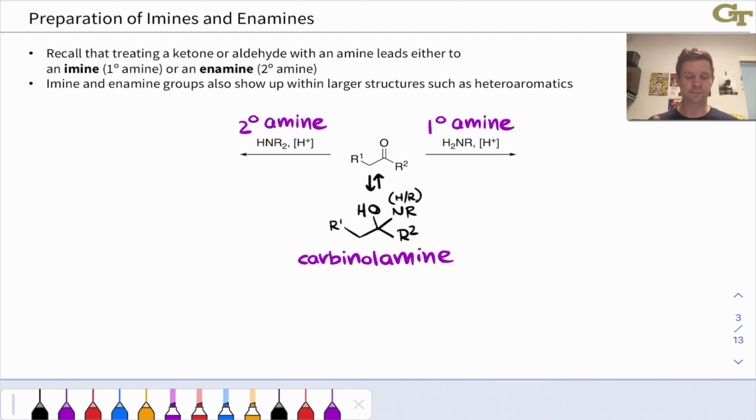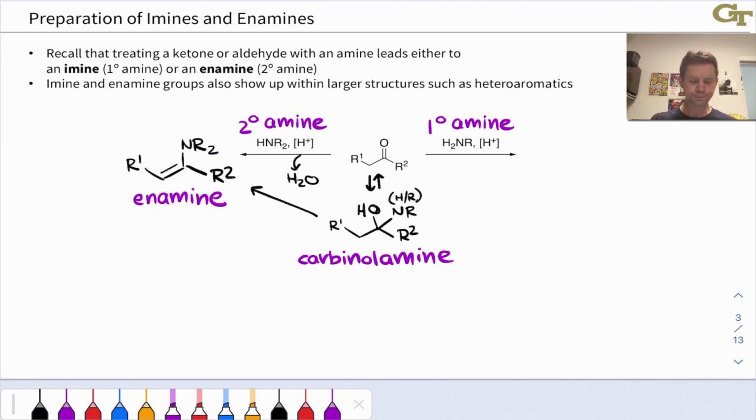And the outcomes diverge here because whether we have an H there or not dictates whether we can eliminate to form a C-N double bond in a neutral product or not. So for example, in the case of a secondary amine, we don't have an H here. We've got two R groups linked to the nitrogen. So elimination has to occur from the alpha carbon with OH. A molecule of water is eliminated, and the resulting product is an enamine.